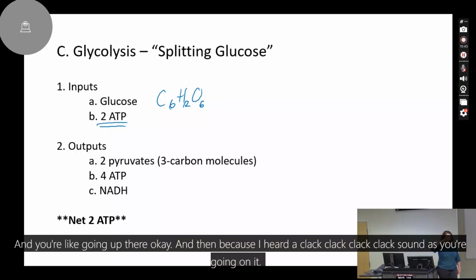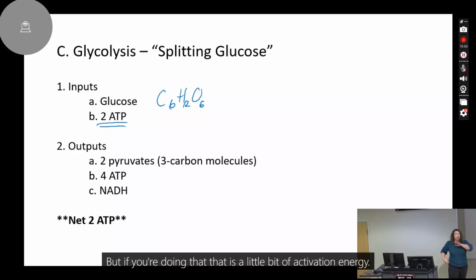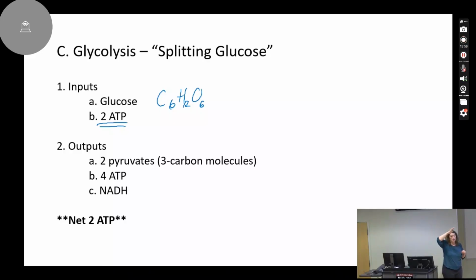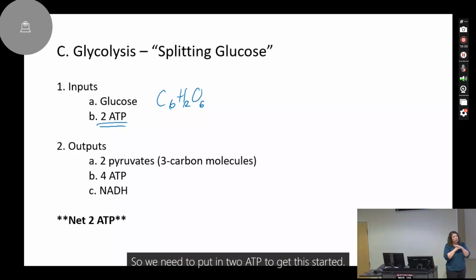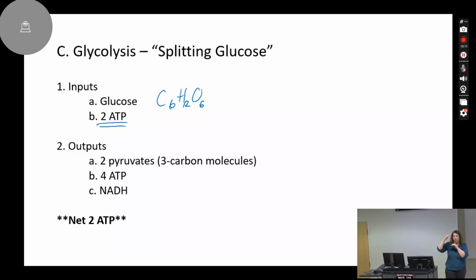And it makes that horrible clack, clack, clack sound as you're going up. But that is a little bit of activation energy. It takes a little bit of energy to get that roller coaster started. But once you make it over the hill, then it just does all that spinning and everything else. So we need to put in 2 ATP to get this started.